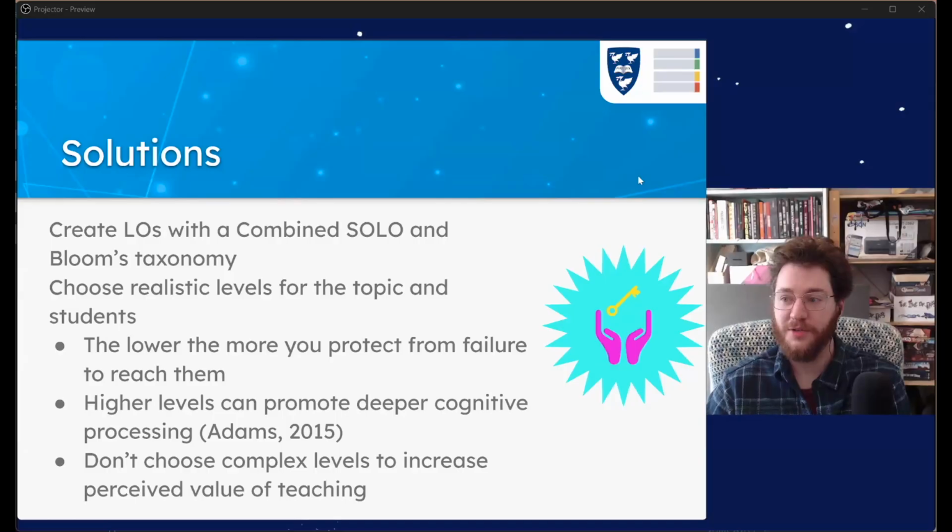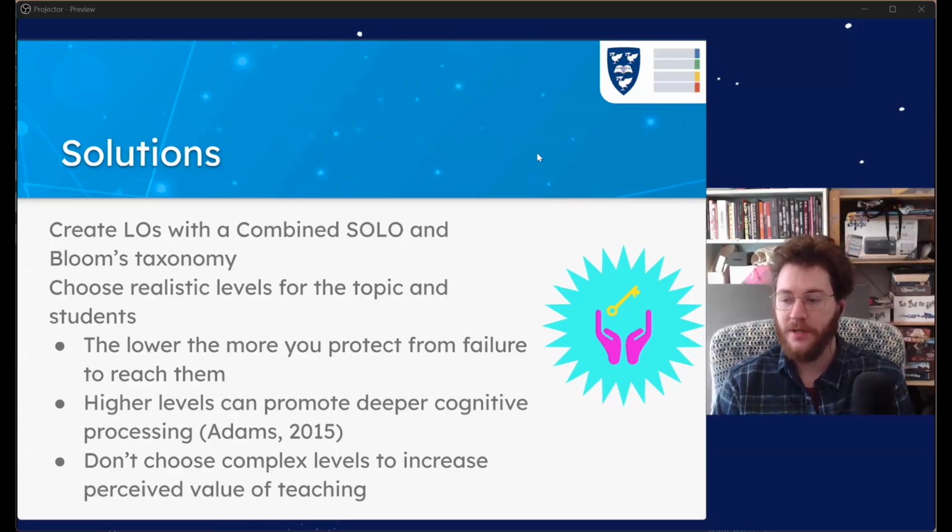And so solutions. This is one of many solutions, and obviously there are many different ways to do the same thing, but I like this method. It's to create learning outcomes with a combined SOLO and Bloom's taxonomy. Important for this is to choose realistic levels for the topic and students.